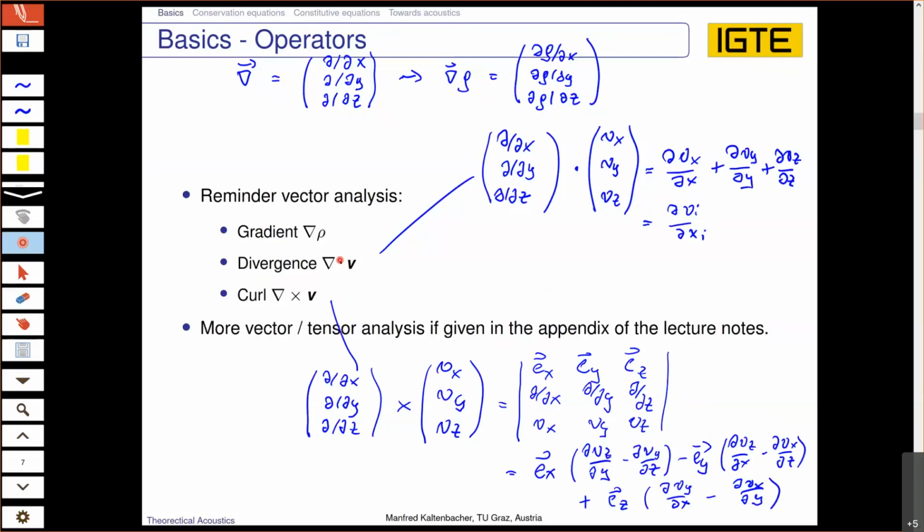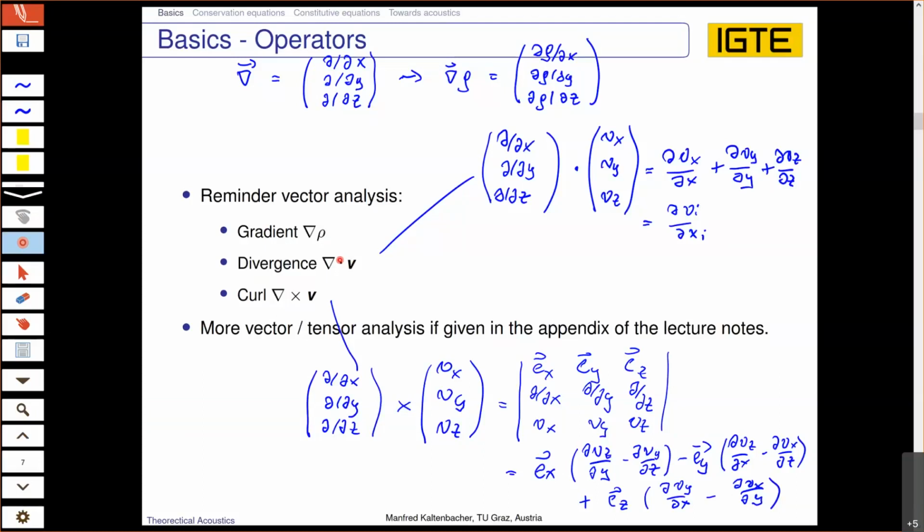When you take the curl of this vector, then you have the vorticity strength of this vector. The curl of a vector again gives a vector. So the vorticity of this vector field, which is a so-called solenoidal field, is then again a vector.